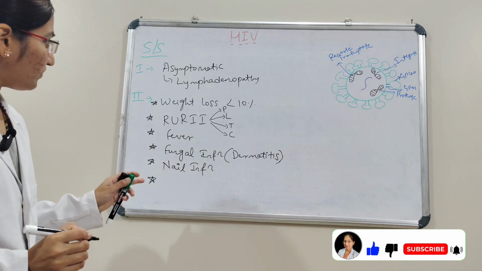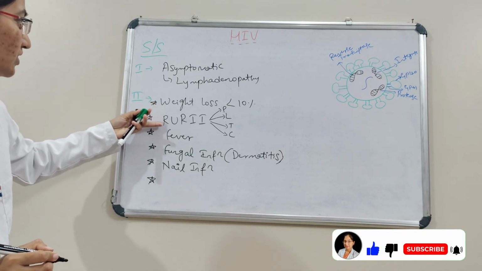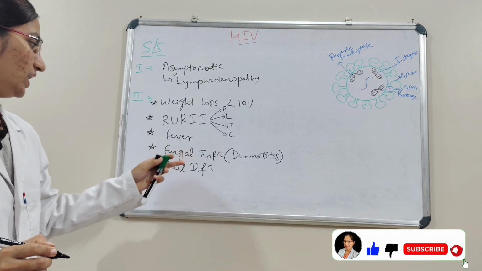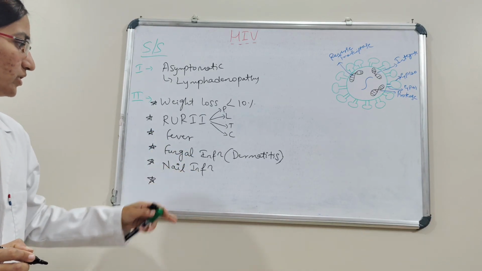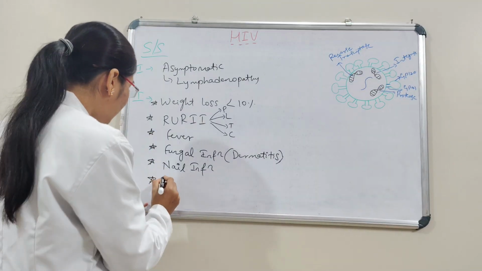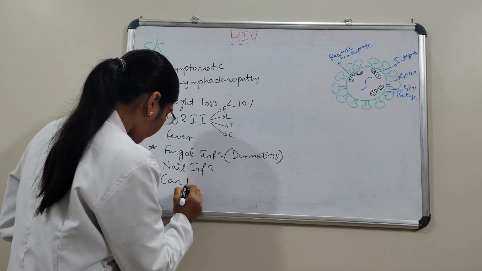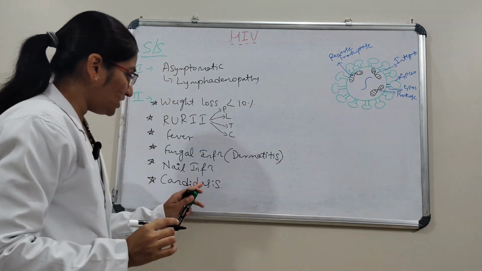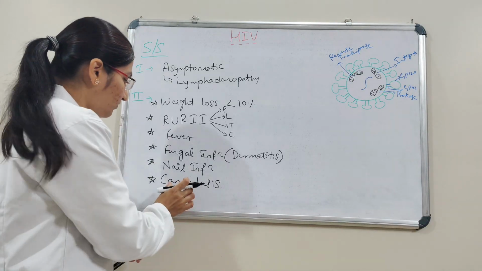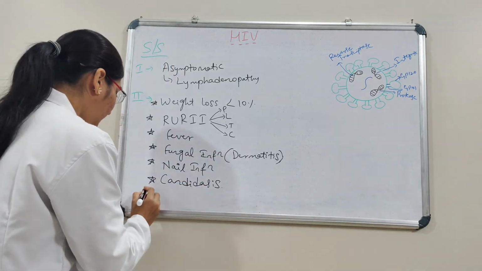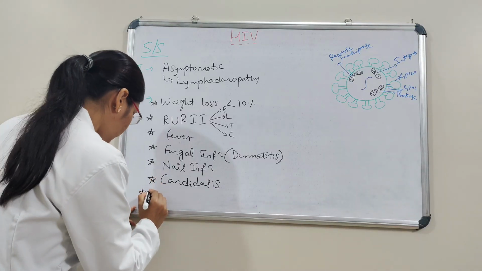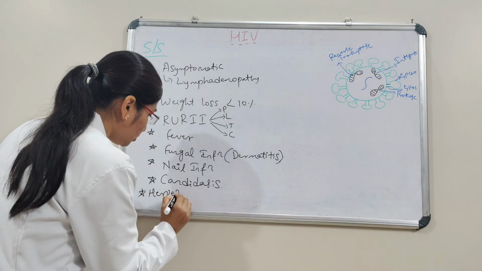Also in the second stage we can see weight loss, recurrent upper respiratory tract infections, fever, fungal infection, nail infection, as well as candidiasis, and then herpes zoster.